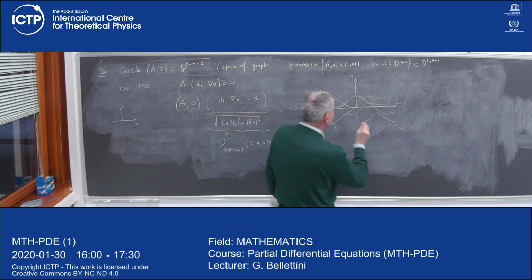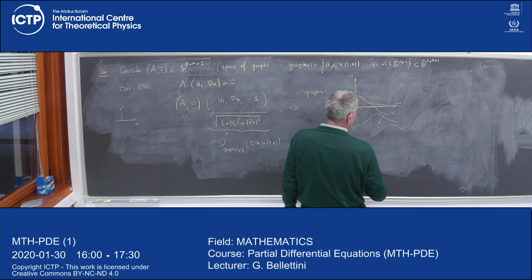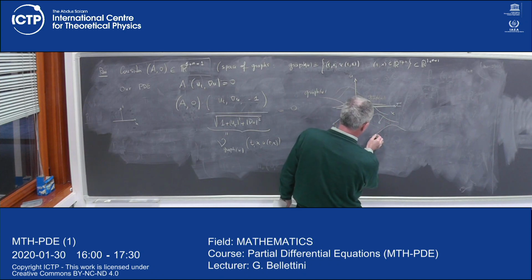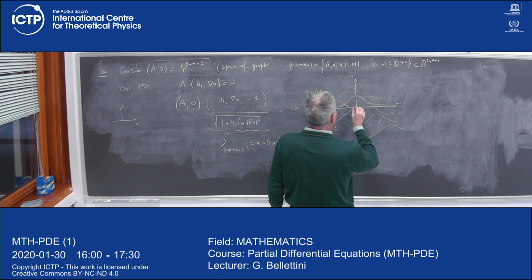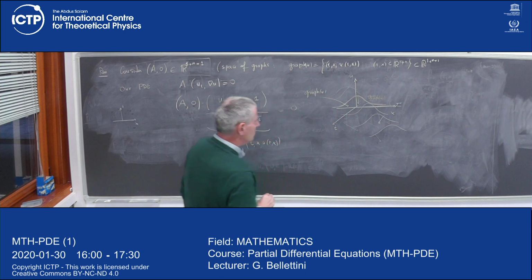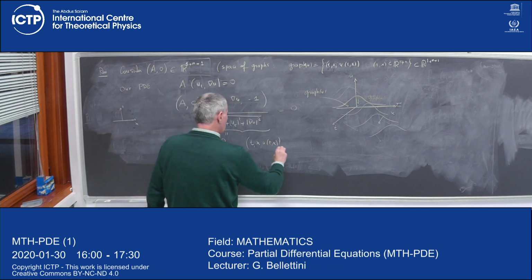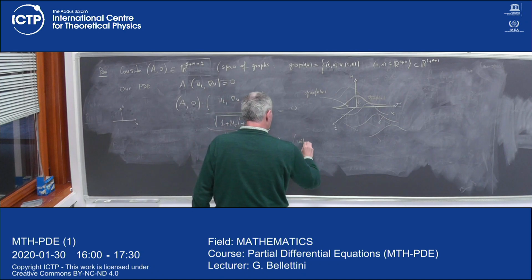So here, for instance, this is ν, and here maybe ν, with negative last component.